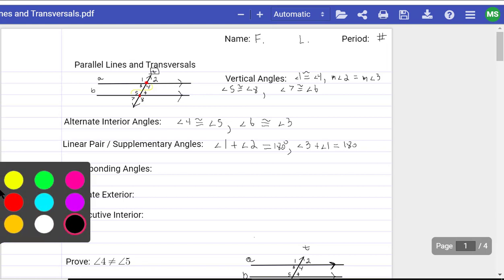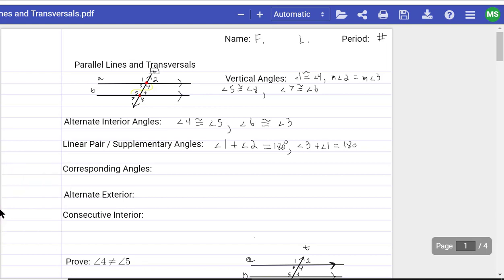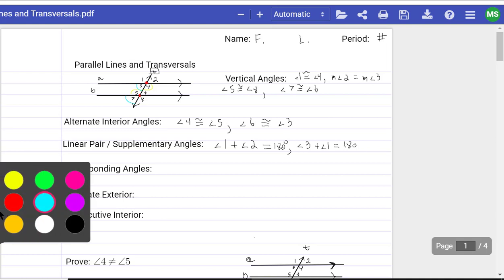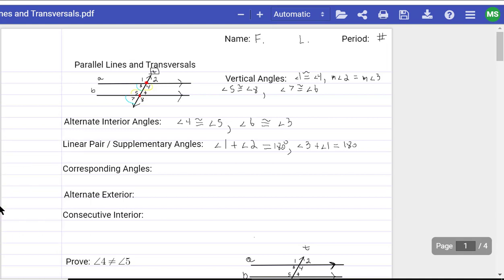Now, I like corresponding angles. I don't like a lot of these. But corresponding angles are angles that correspond, meaning they're in the same location. So if we look at the two red dots and we go down and to the left, we see a 3.